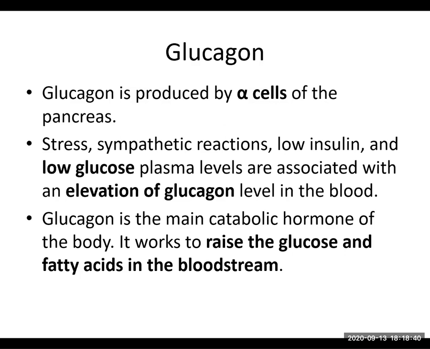The neuronal cells need glucose. When glucose level is low, it affects our brain function. We need to maintain the glucose level at a certain level, and glucagon will be released to bring the glucose level back to normal.